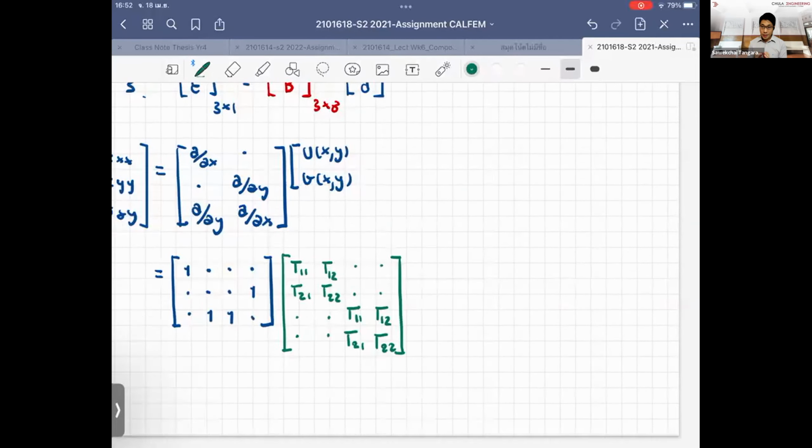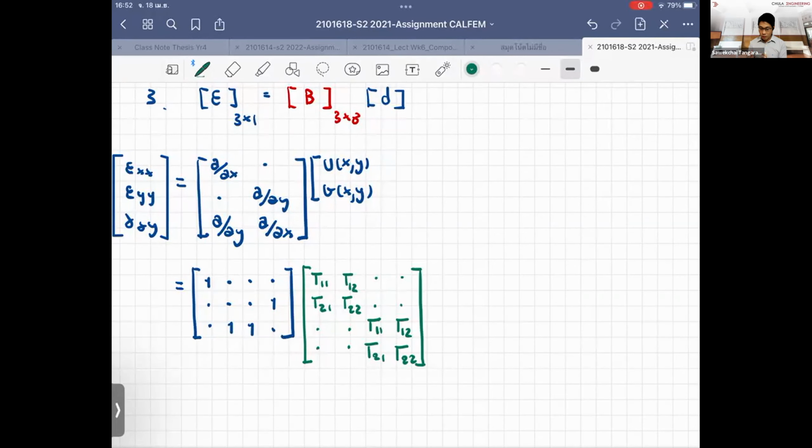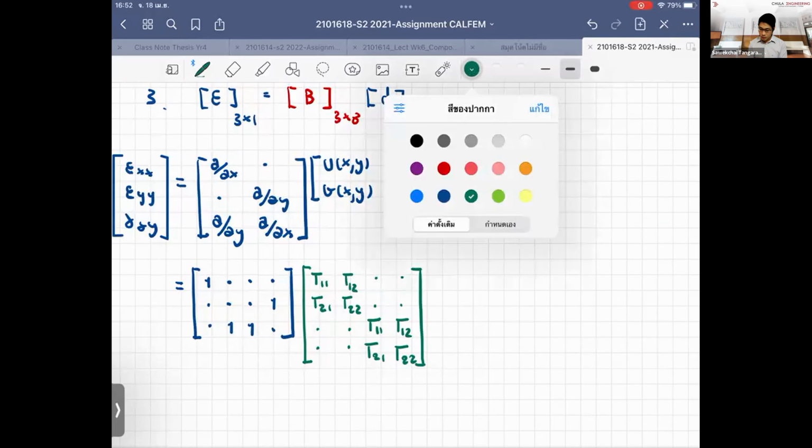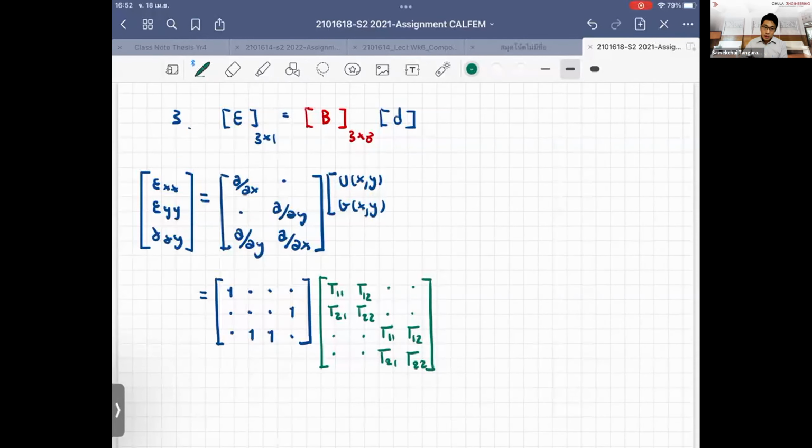The term that I put in green is how we transform the coordinate. I have the definition of it, so I will show you. Let me rearrange this first.